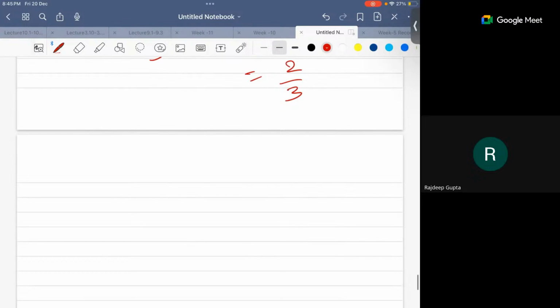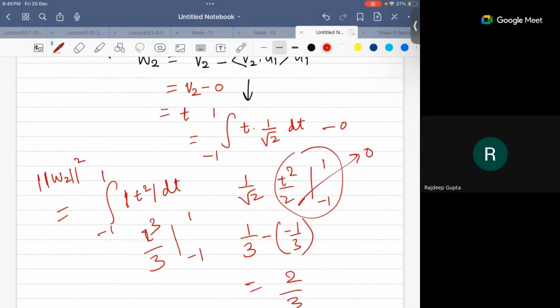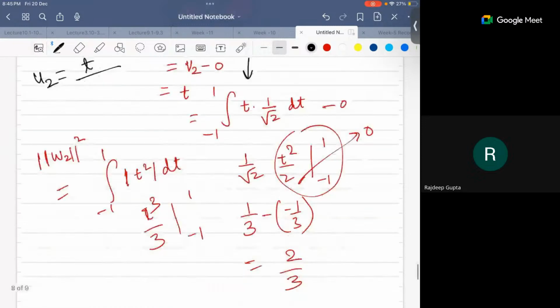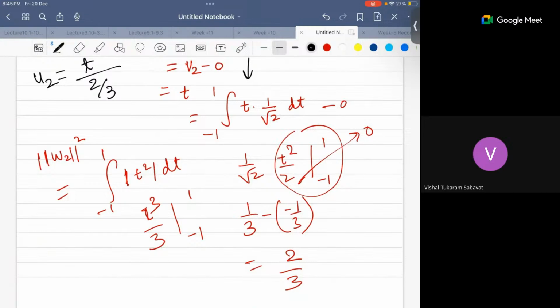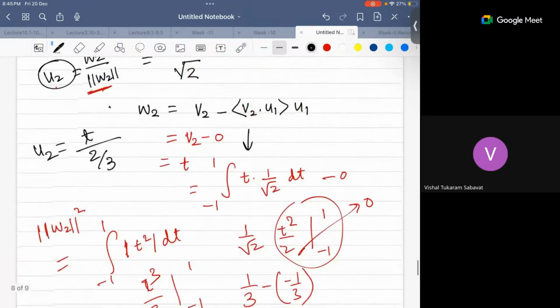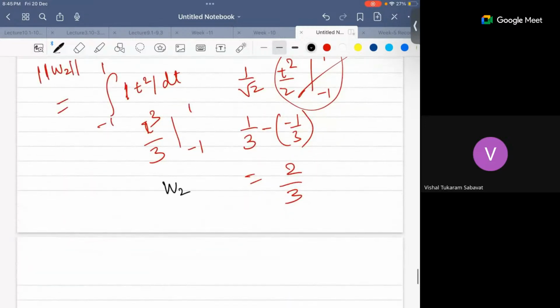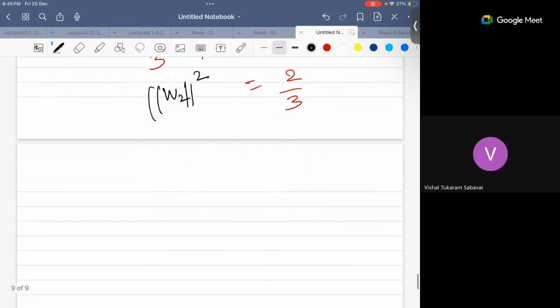Are you able to understand this or not? So w2 norm square is this value. There are a lot of places where you can make mistakes.